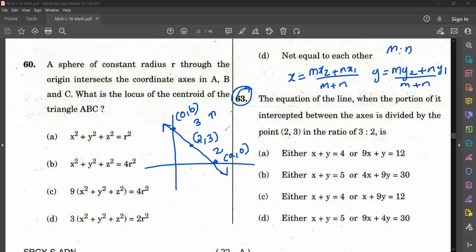M is to n is 3:2. So m x2 means 3a, plus n, n is 2, into x1, x1 is 0, divided by m plus n. M plus n means 3 plus 2, that is 5. That is given as 2. This 2 is x, this is y. So that means 3a is equal to 10, a is equal to 10 by 3.